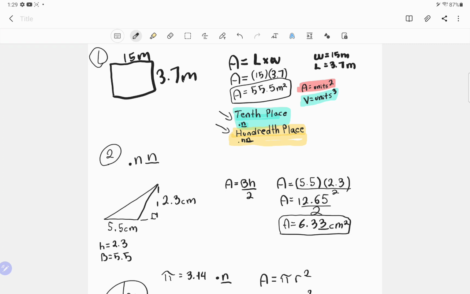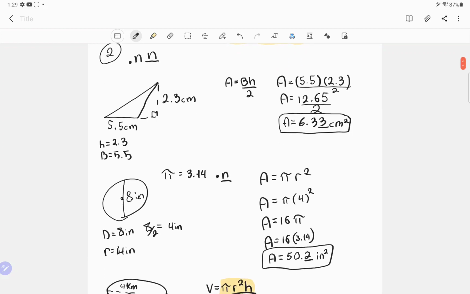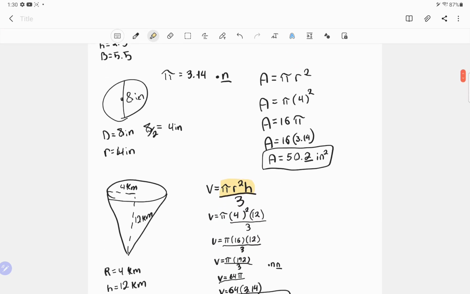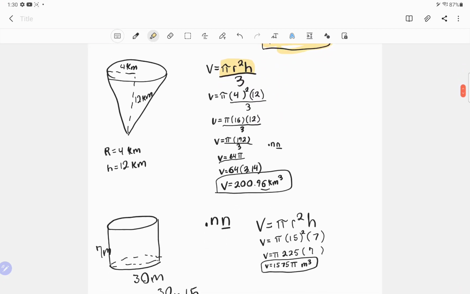So question number 1 is that one. Now question number 2 is that one. And I'm going to highlight the answers so it's easier for you guys to see. There we go. Question number 3 is going to be the circle. Question number 4 is a cone.